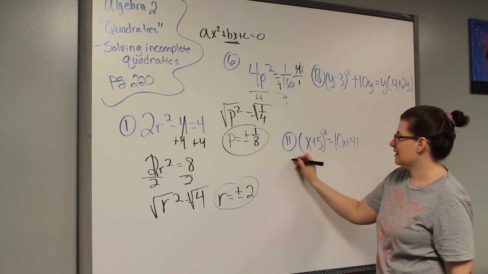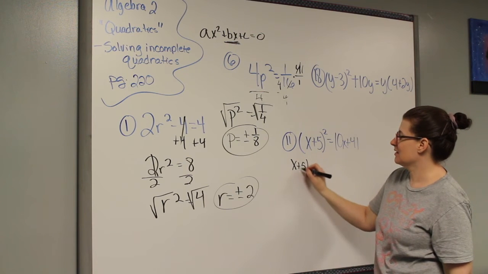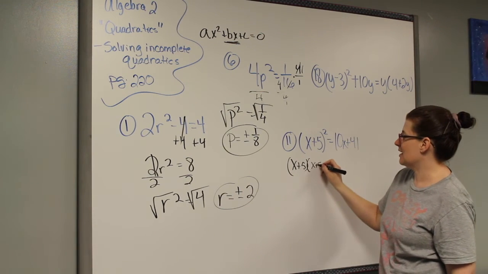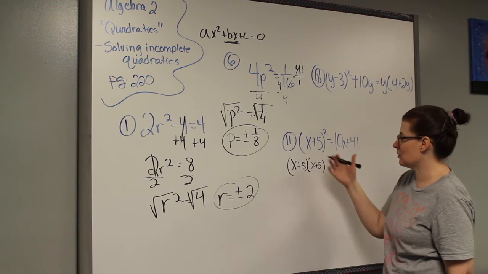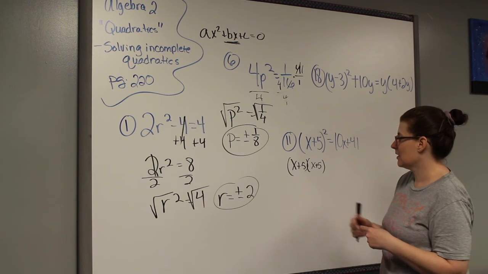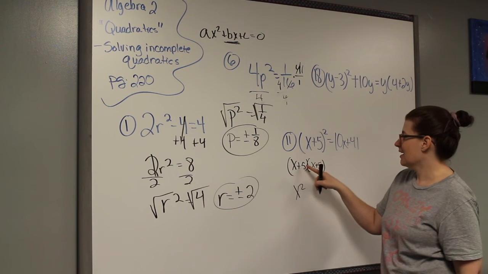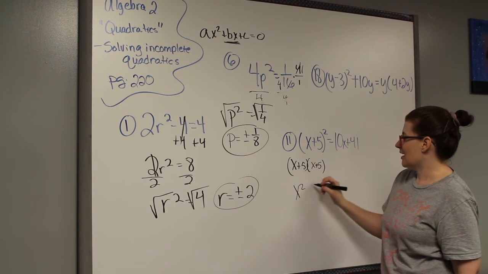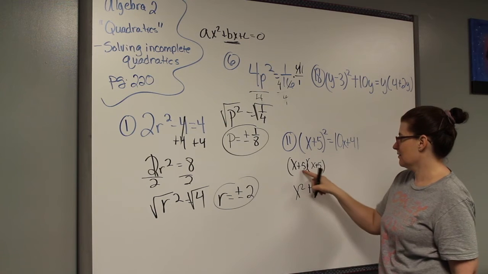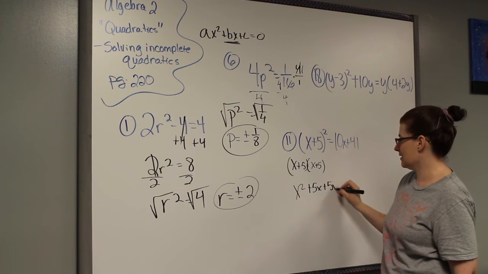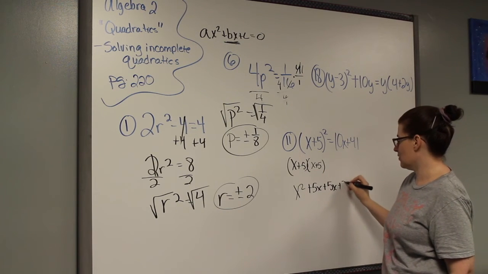Okay, you have to break that into x plus 5 times x plus 5, or know that it's a perfect square trinomial, in fact, and multiply it that way. But x times x gives me x squared, x times 5 gives me 5x, 5 times x gives me 5x, and 5 times 5 gives me 25.